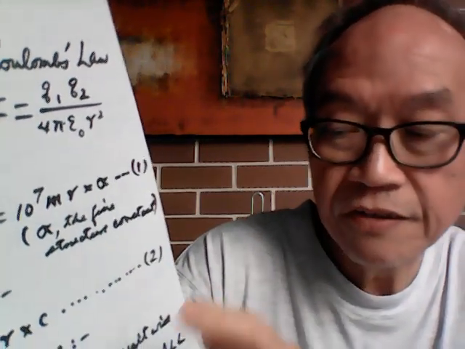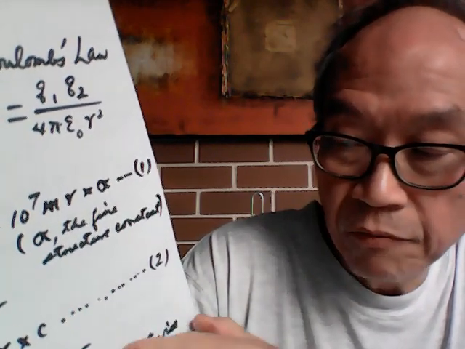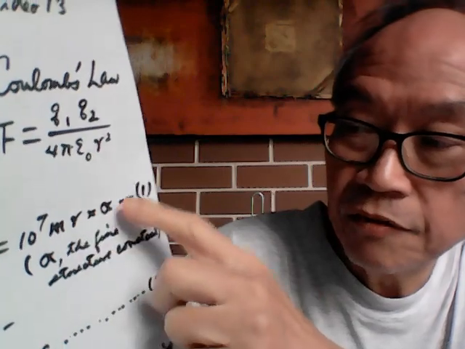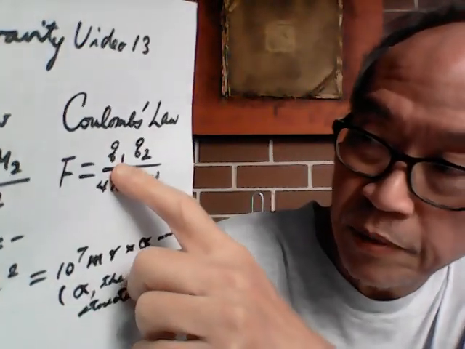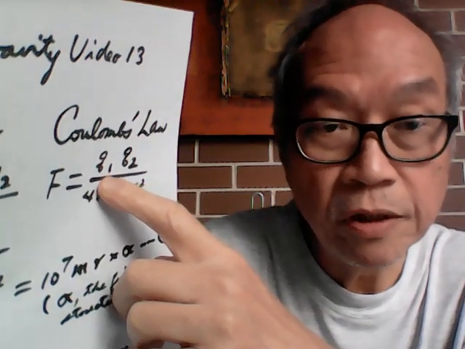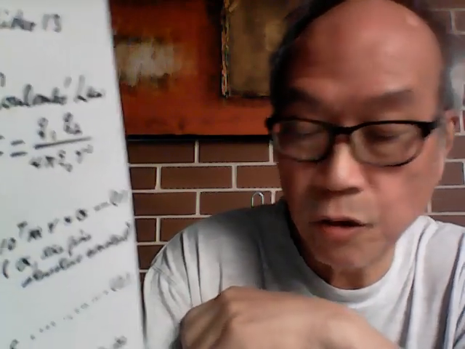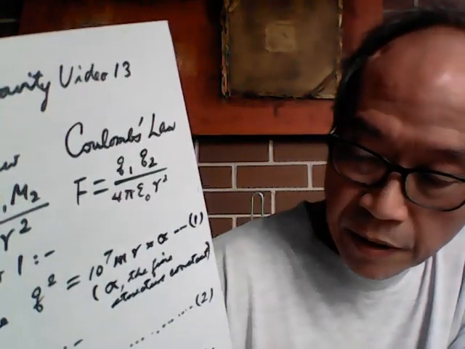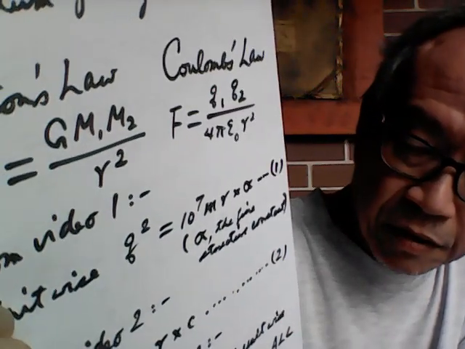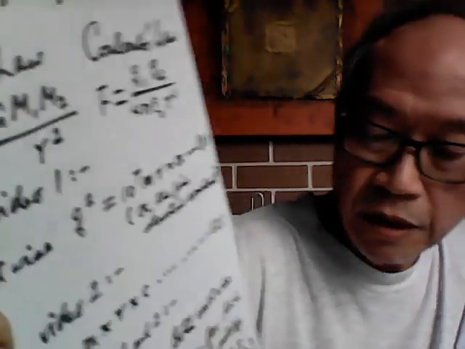For all masses or particles which satisfy equation 2, relationship 1 holds. And one more thing, the Q must be the elementary charge, that is 1.602 times 10 to the power minus 19 coulomb. And this, Q squared equal to 10 to the power 7 times mass times radius or wavelength times alpha, is my equation 3 here.